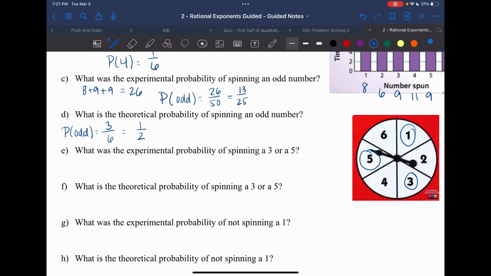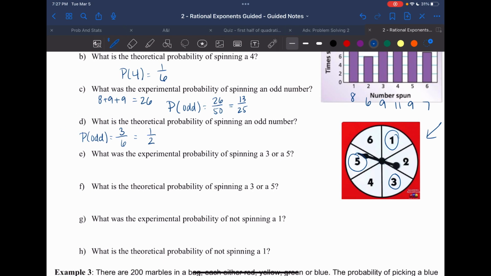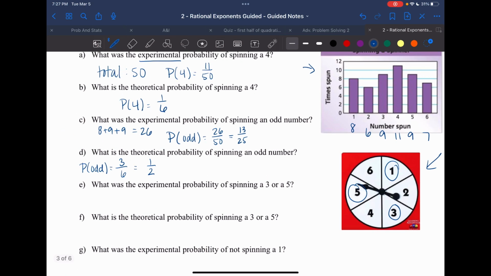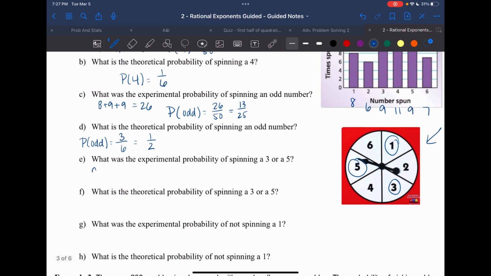Letter E, what was the experimental probability of spinning a 3 or a 5? 3 or 5 was 9 and 9, so that'd be 18. So the probability of a 3 or 5 equals 18 over 50.